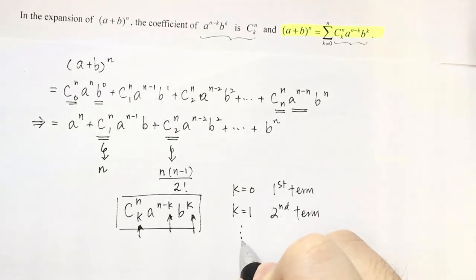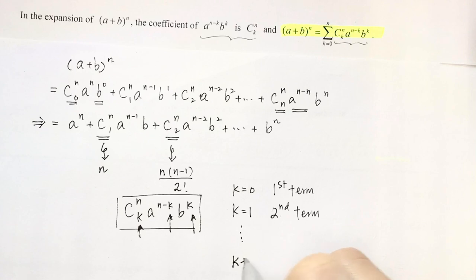Then, what about when the value is k? We are actually finding the k plus 1th term. Can you see the pattern here?